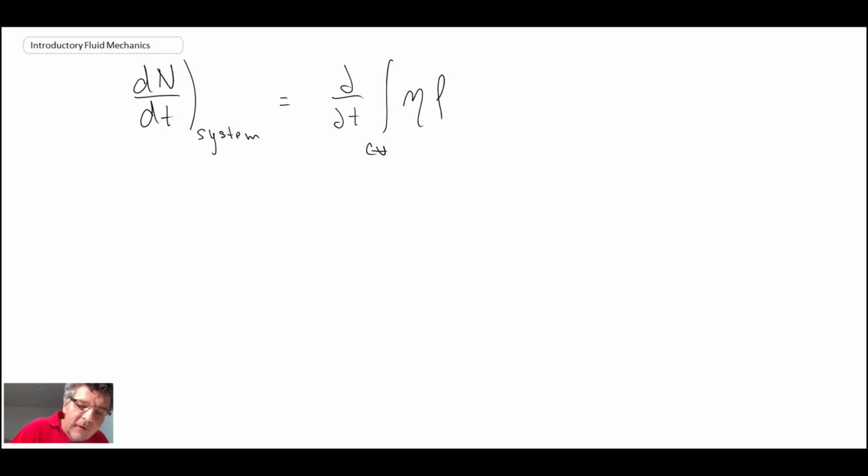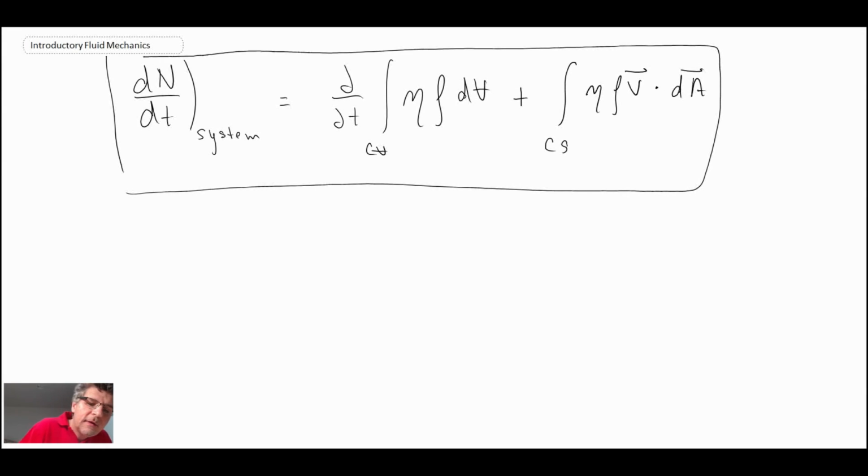So we can use it then for control volume analysis by applying our basic laws, the laws of conservation of mass, momentum, be it linear or angular, and energy. Okay, so that's a lot of work to get one little equation, but this equation will be very, very useful, as we'll see coming up.